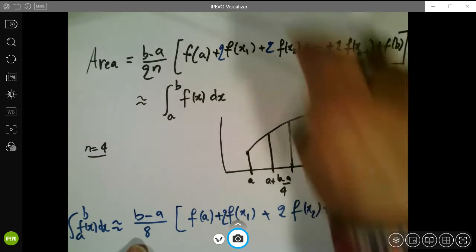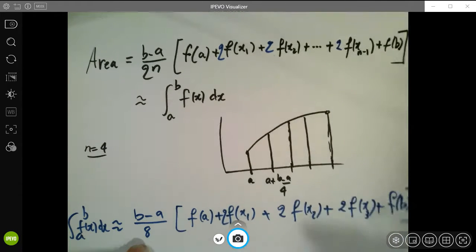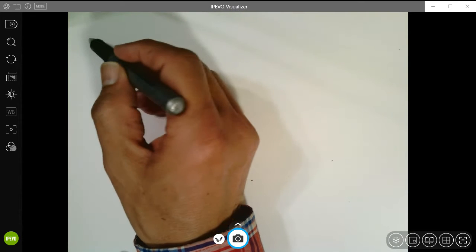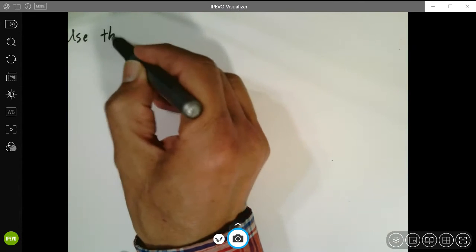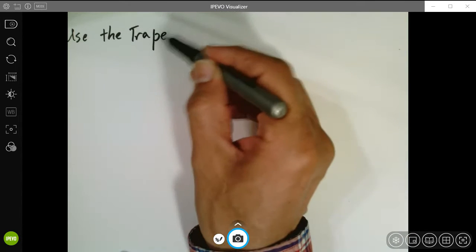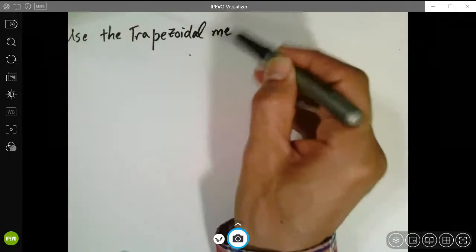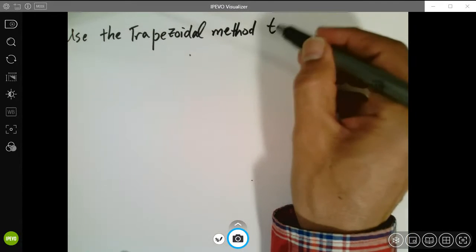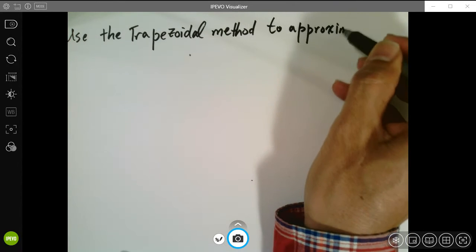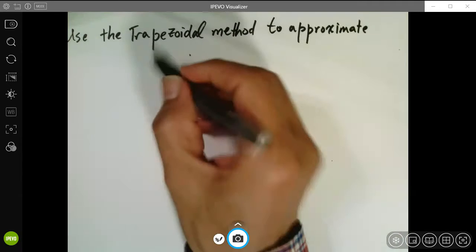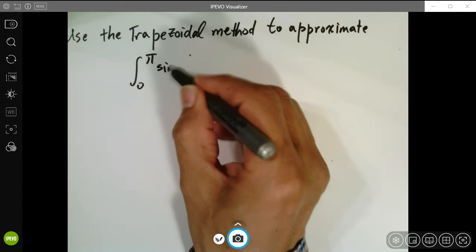So if we have sin x, okay, if I want to use the trapezoidal rule to approximate the integral from 0 to pi of sin x dx.